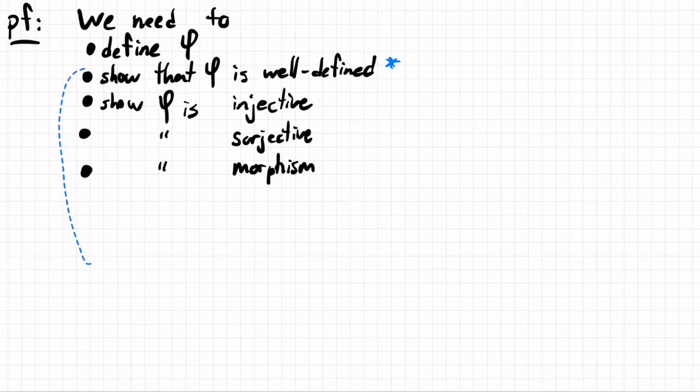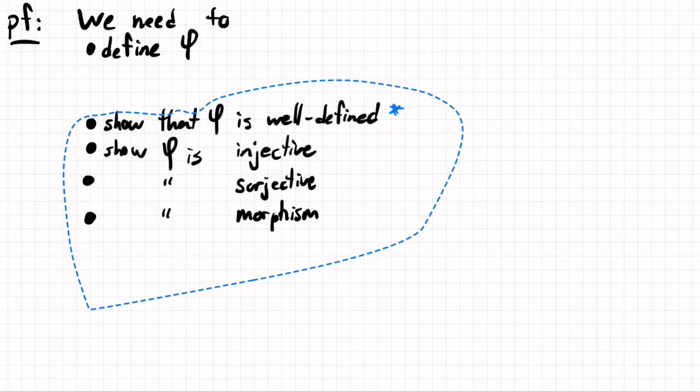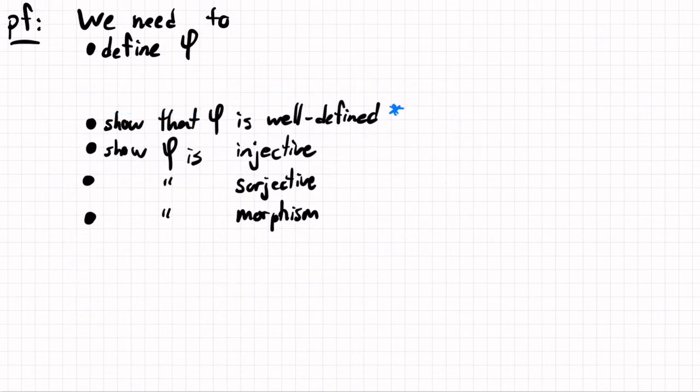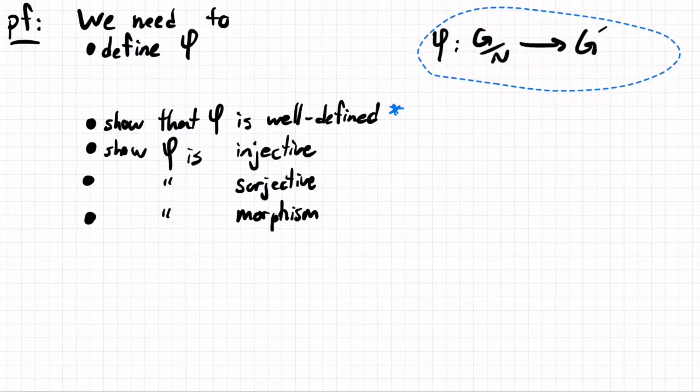Okay. So the definition of psi is going to be the following. So psi is a function, remember, from G mod n to G prime. And so G mod n is a set of, say, left cosets.